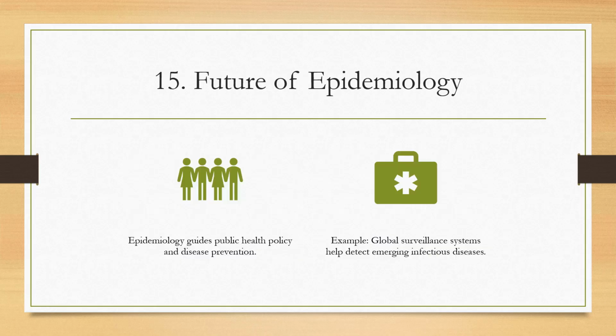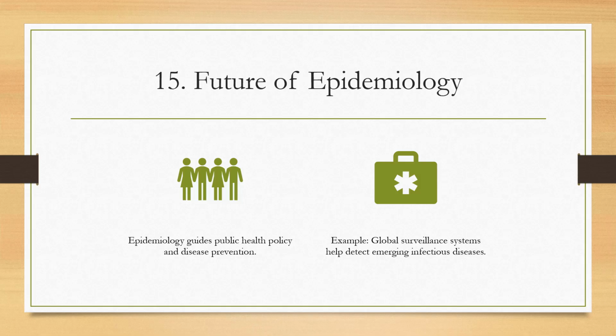As we conclude, epidemiology will continue playing a major role in public health. Global surveillance systems help countries detect emerging infectious diseases quickly. Future epidemiologists will also study challenges related to climate change, aging populations, and chronic disease burden.